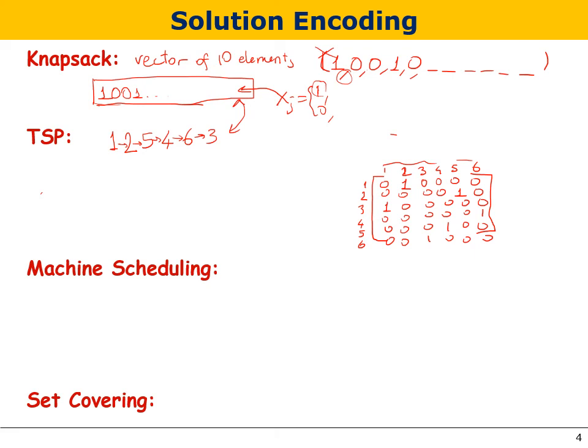So the size of this one is just n. On the other hand, the size of this table that we are keeping in memory is n by n, which is n squared. So it means that you are using more memory in the second representation.